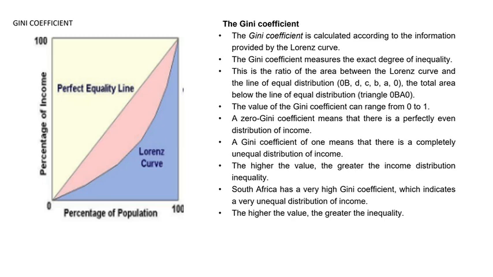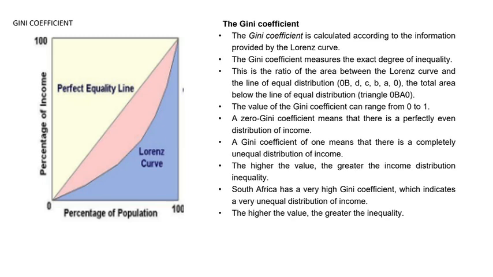So the value of the Gini coefficient can range from 0 to 1. A 0 Gini coefficient means that there is a perfectly even distribution of income. A Gini coefficient of 1 means that there is completely unequal distribution of income. So the higher the value, the greater the income distribution inequality.